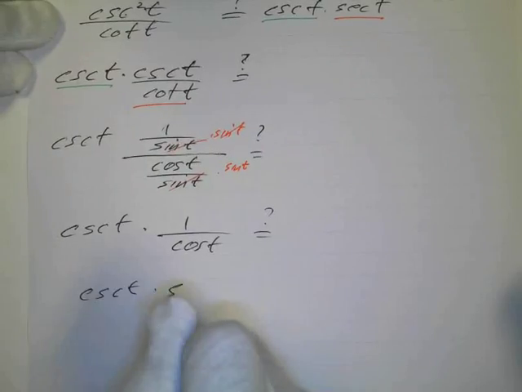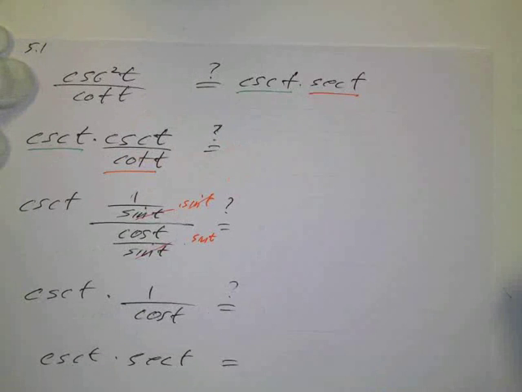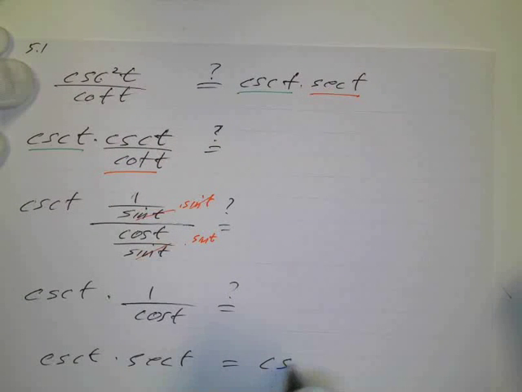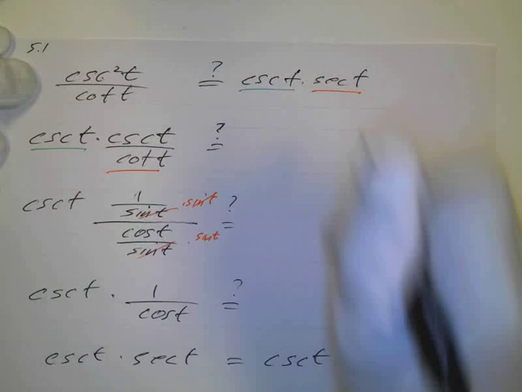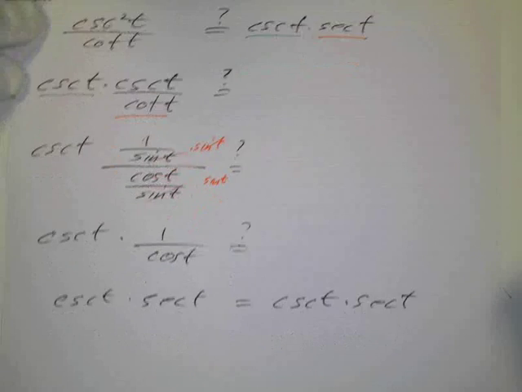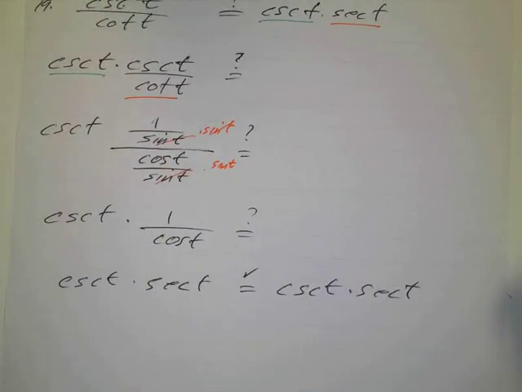Isn't that the secant? So now I've got the cosecant of t times the secant of t, and I'm done. That's what I wanted. Those are t's, sorry. They start to look a little bit like f's. So that's checked. We did get the left to look like the right. Okay, that's number 19. Hope that helps.